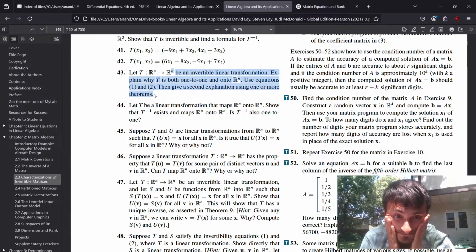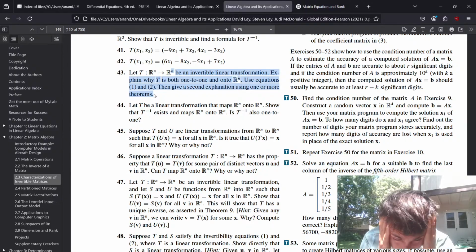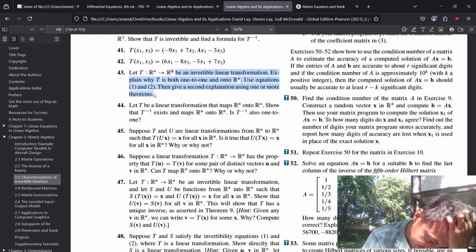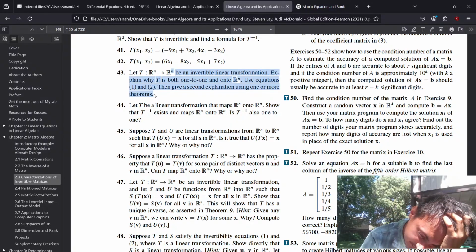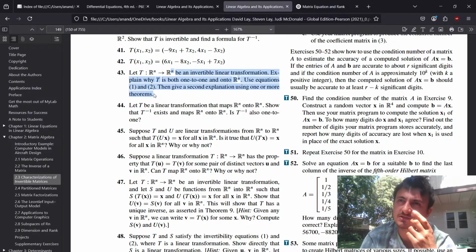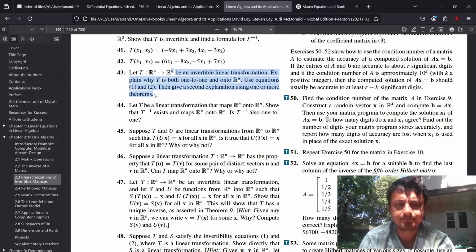One-to-one and onto. If it's invertible, then it's one-to-one and onto because it's invertible and then it's got n pivots, so it's row equivalent to the identity. If it's row equivalent to the identity, obviously it's one-to-one.